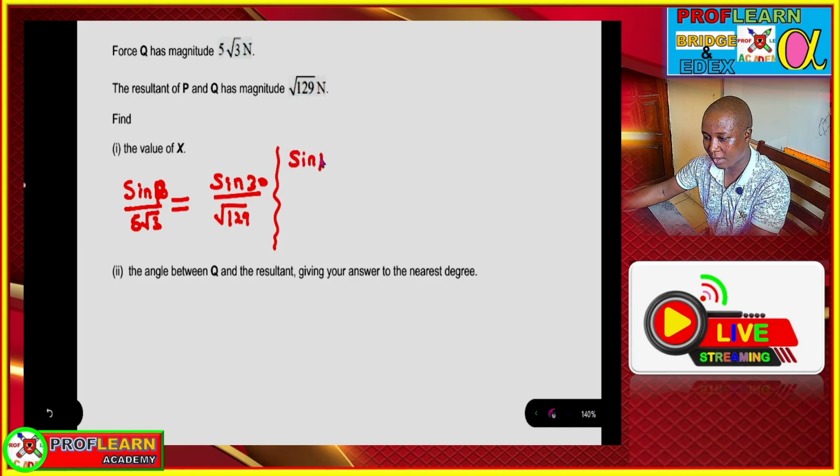So we have that, which means sine beta is going to be equal to 5 root 3 sine 30, divided by root 129.